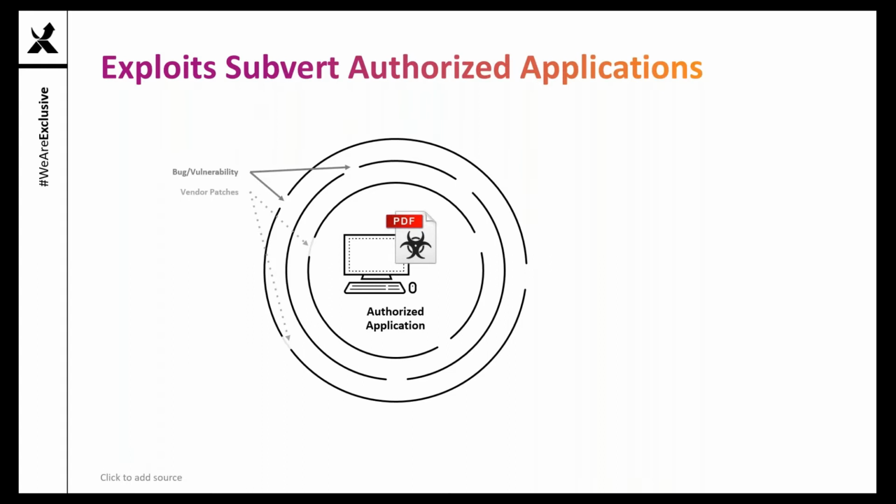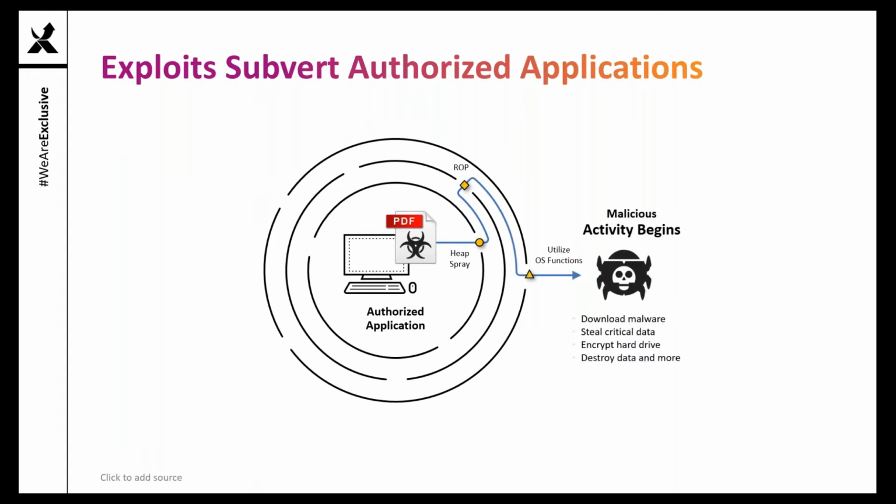Now, what Cortex XDR is doing, it focuses on these exploit techniques rather than focusing on the different exploits individually. So as these techniques are always the same, we can prevent exploit attacks without the need for any signatures.